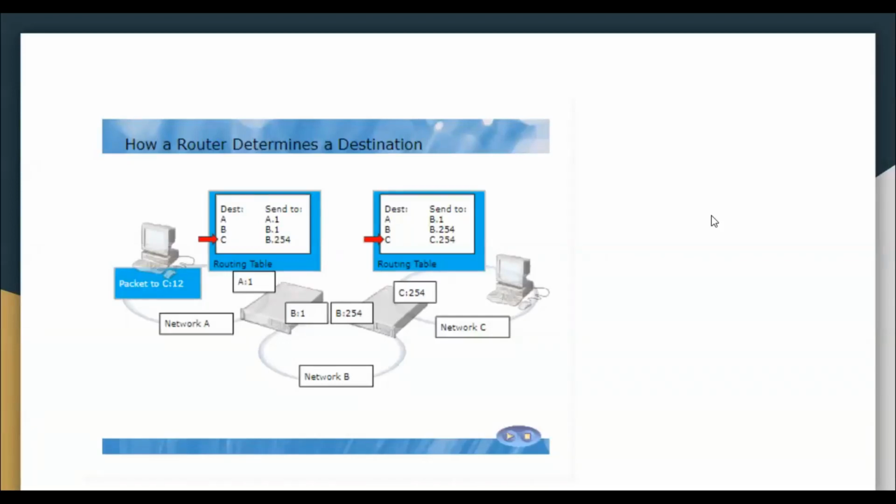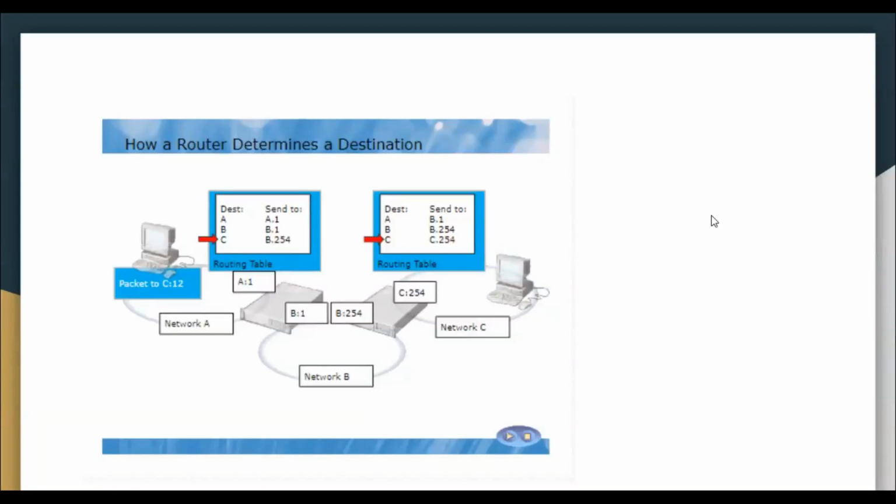The router adds a directly connected route when an interface is configured with an IP address and is activated. There are three ways for a router to learn routes. We have static routing, and also we have default routing. This is the method where all routers are configured to send all packets towards a single router.